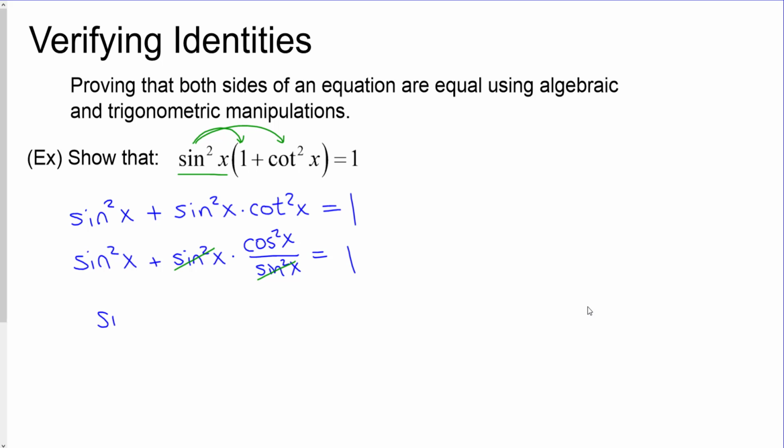When those cancel, I now have sine squared x plus cosine squared x equals 1, which is a fundamental identity, so that proves that this is true. So I've now proven that this is the case.